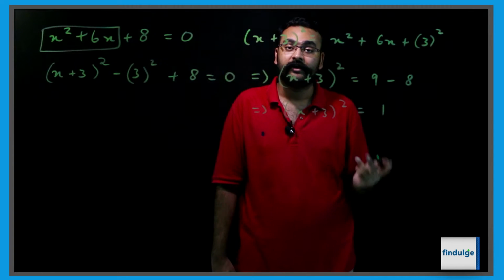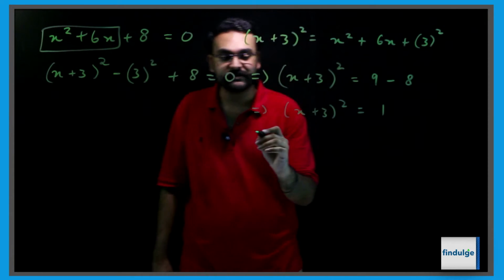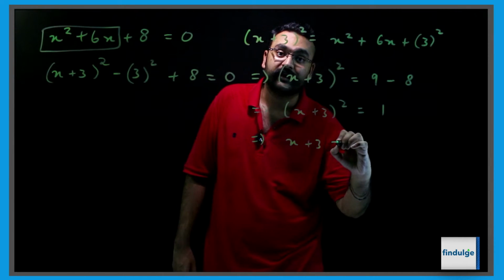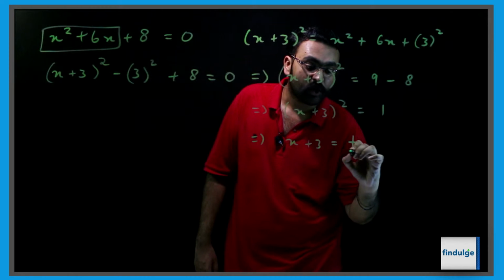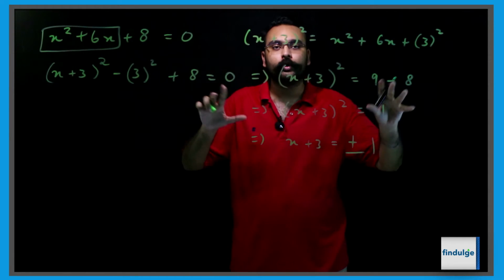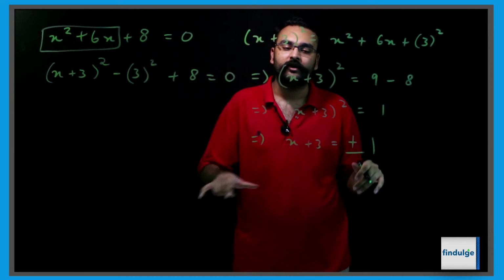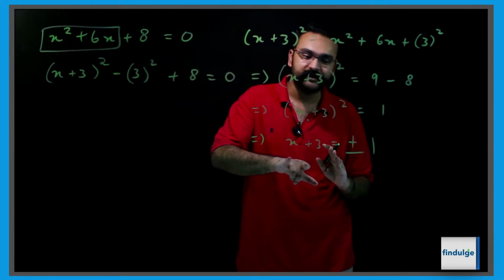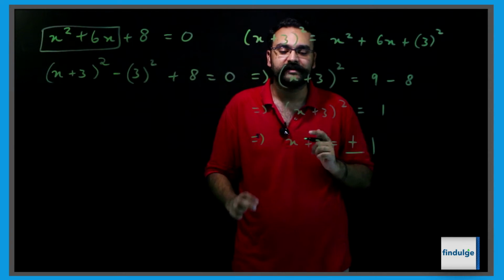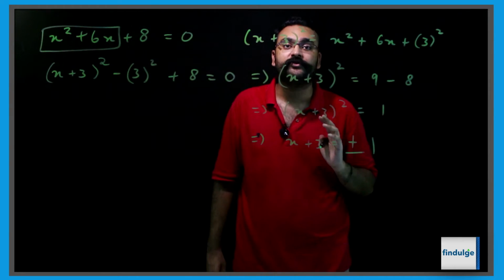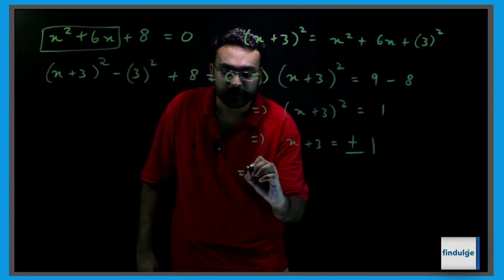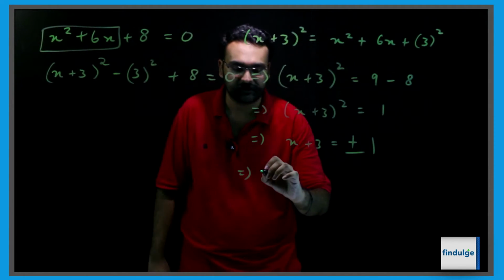The only thing you have to remember is you will write it as x plus 3 is equal to plus or minus 1, because when I take square root on both sides of my equation, one side is left as it is, one side is written like this. What it means is when you finally shift your 3 to the other side, you will get two answers.